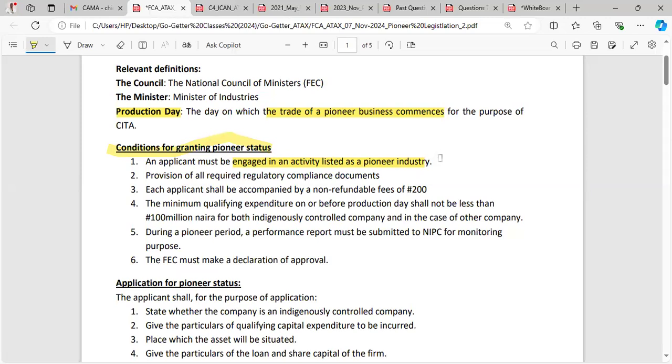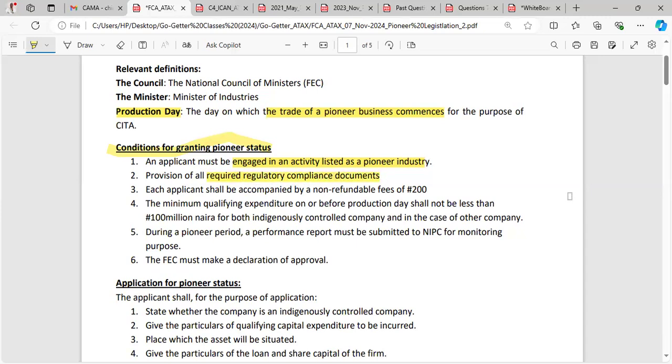If the government is saying that manufacturing of cars is a pioneer industry, you must be engaged in the manufacturing of cars. Also, provision of all required regulatory compliance documents.